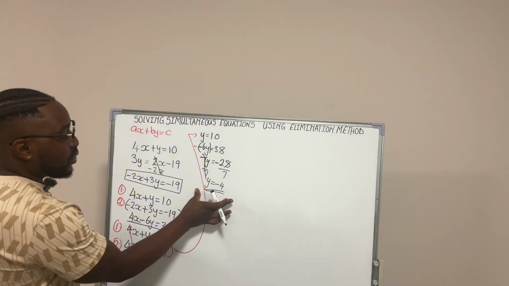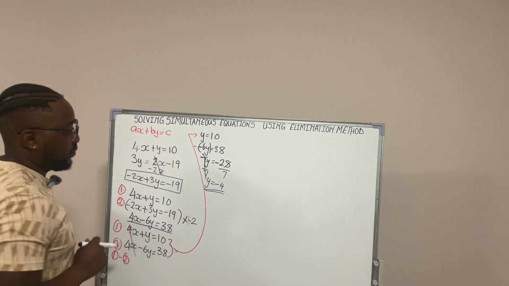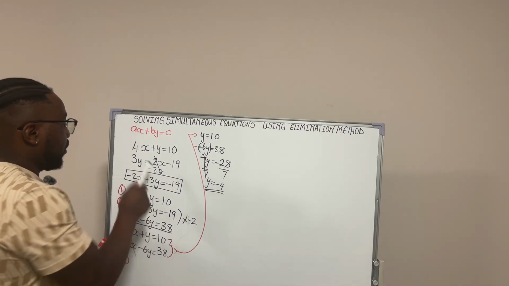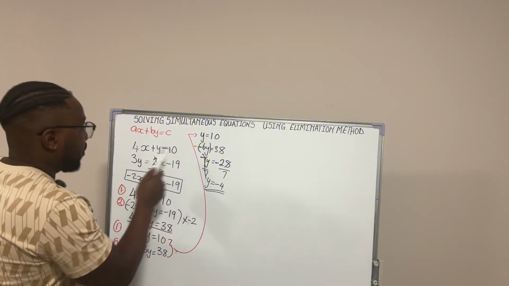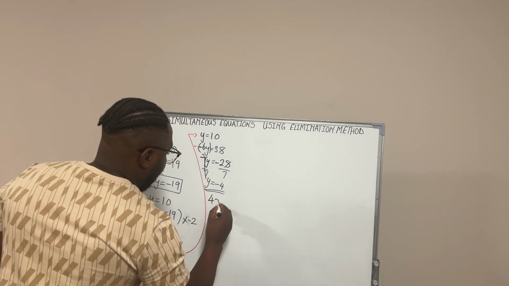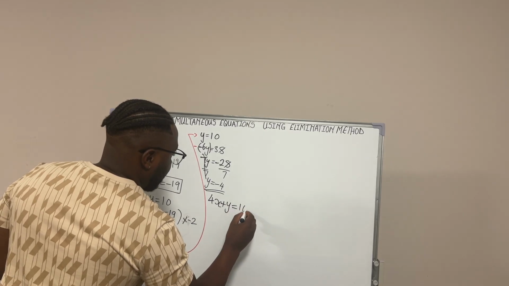We simply substitute our y value in any of these two equations. Let's go with this equation right here, 4x plus y equal to 10.